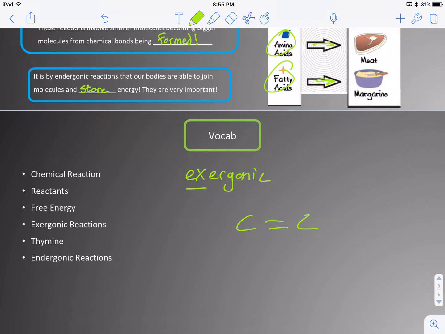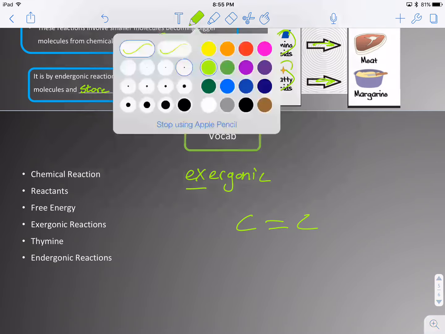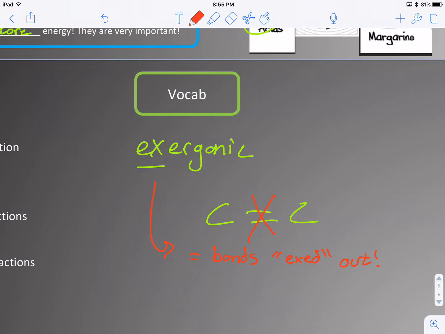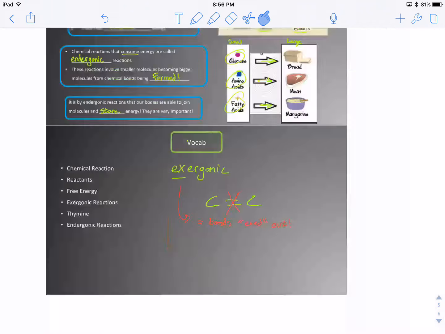Because what's exactly happening is that you're breaking the chemical bond between these two carbons. So exergonic equals bonds are X'd out. Okay, and that should be a pretty good way to remember it. Exergonic bonds are X'd out. And you can even do that right there as I did.